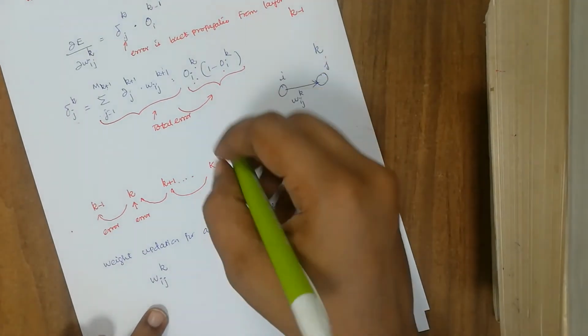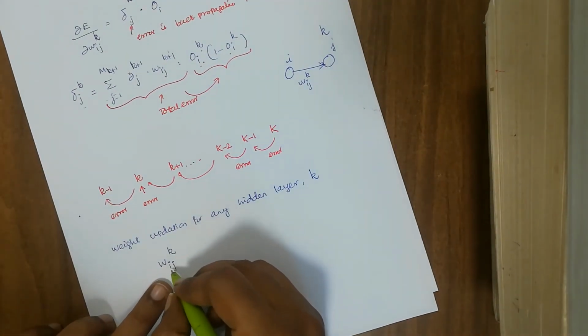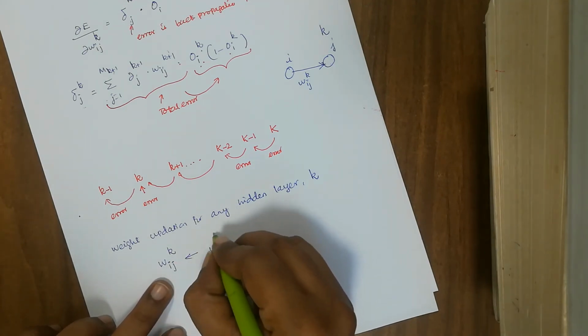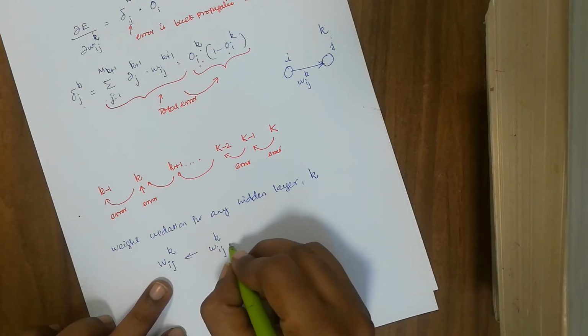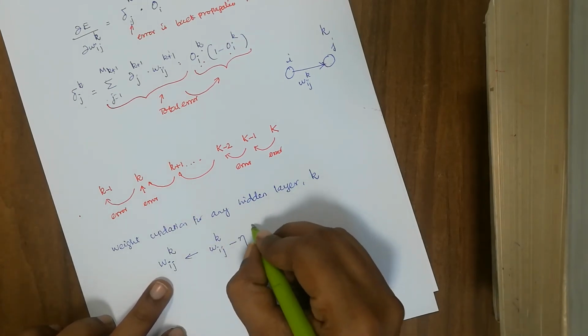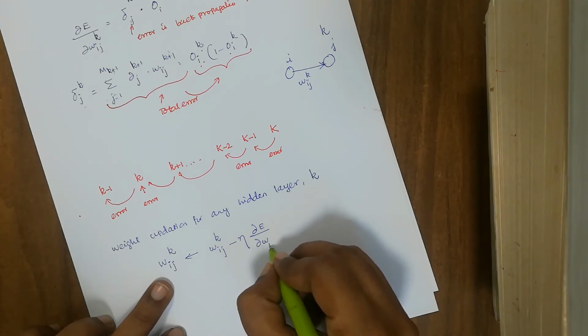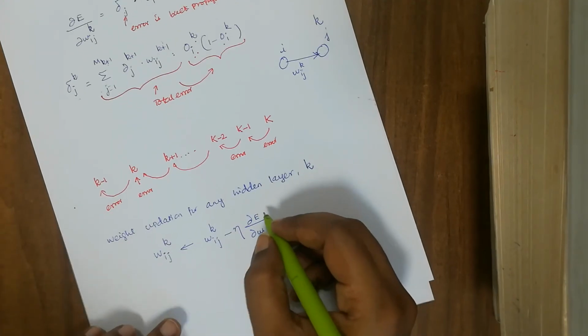In order to update that weight wij, we take the previous weight wij minus the learning rate times the derivative of E with respect to wij.